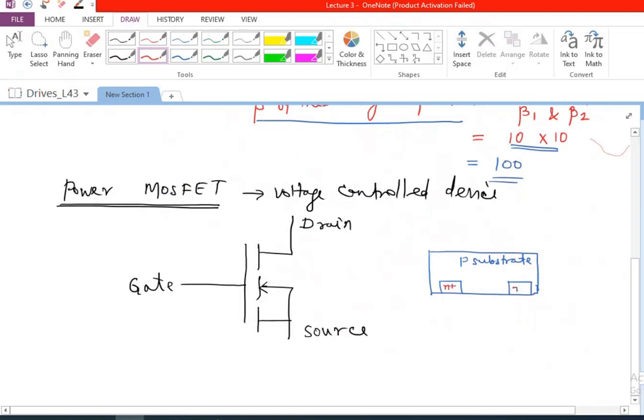The same way this also is going to be N plus. Now, from here, the terminal that is connected, I may call this the drain. And from here, the terminal that is connected, that is the source. Now, in between, we are going to have an insulator. So this insulator is invariably a SiO2 layer, silicon dioxide insulator.